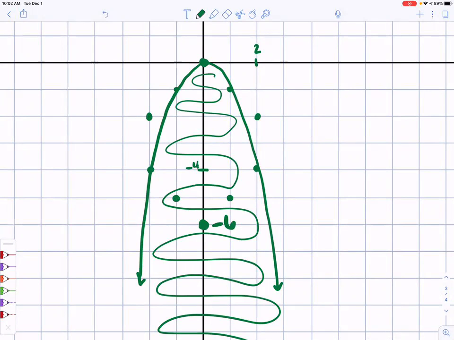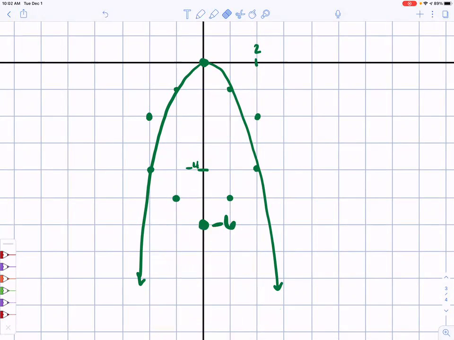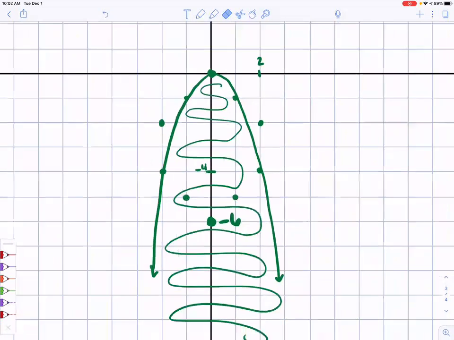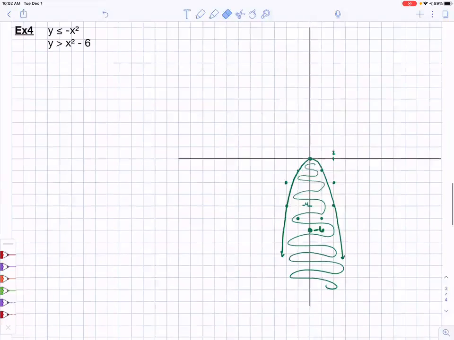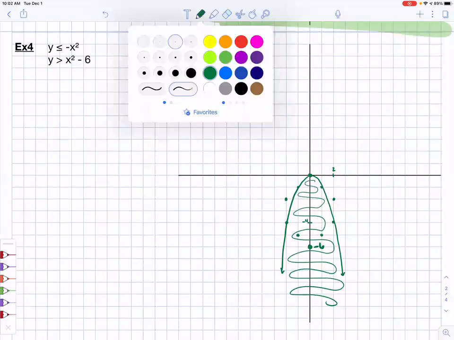So it's easy to get lost. Okay, so try not to get lost in there. If you want to wait on the shaded part, you can wait on the shaded part. Now, when I go and graph my parabola, how should I graph it? Yeah, it needs to be dashed.